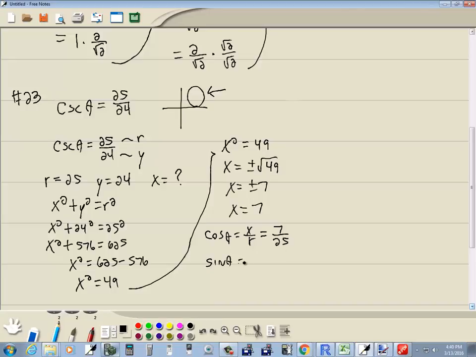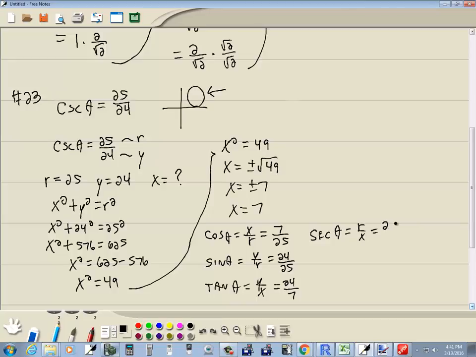Sine is equal to y over r. Y we said was 24 over r, which is 25. Tangent is equal to y over x. Y we said was 24 over x, which we said was 7. Now secant is equal to r over x.